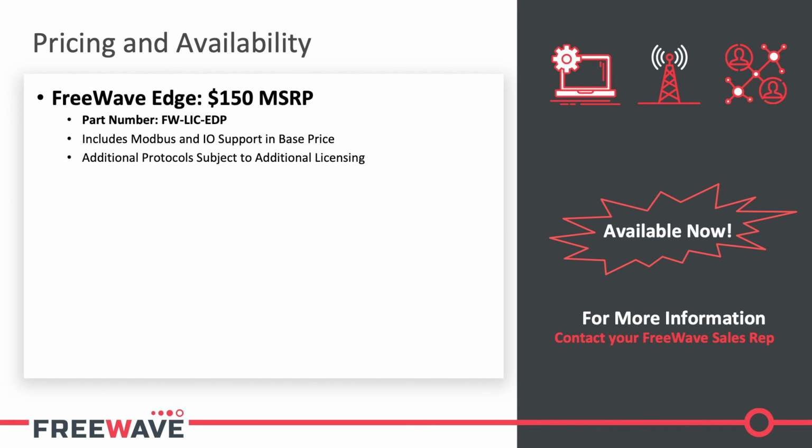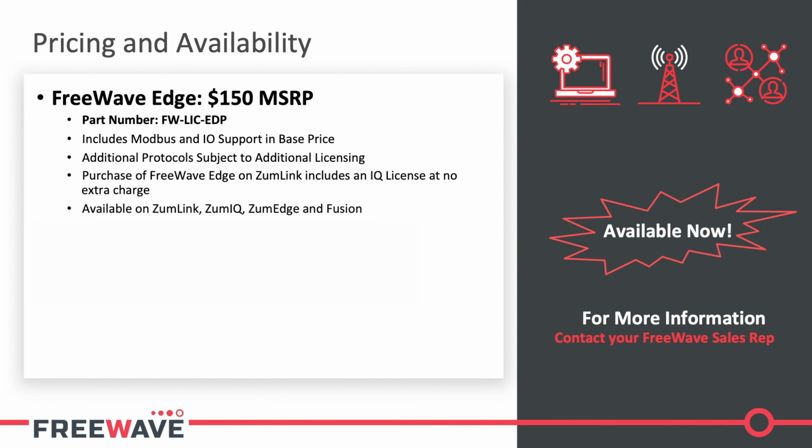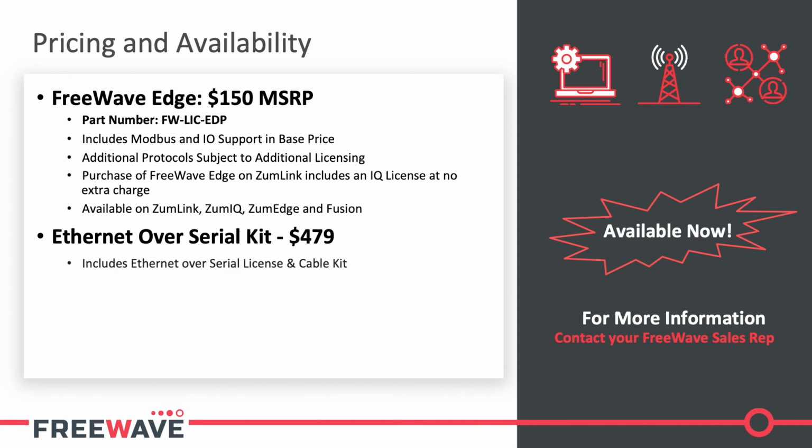I did want to highlight that FreeWave Edge on a Zoom link includes the IQ license at no extra charge. The IQ license is $150 standalone, but FreeWave Edge at $150 includes that IQ license. And then we also have here the kit price for Ethernet over serial at $479 that includes the license and the cable.